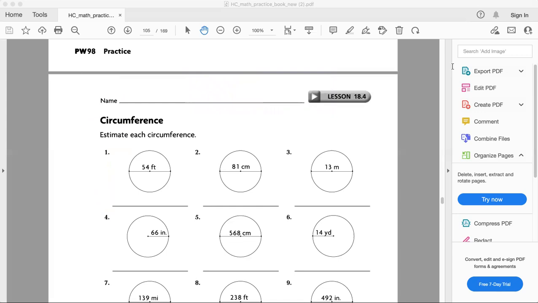Ma'am, 91 divided by 22 is 4, 4 times 22 is 88, and the remainder is 3.